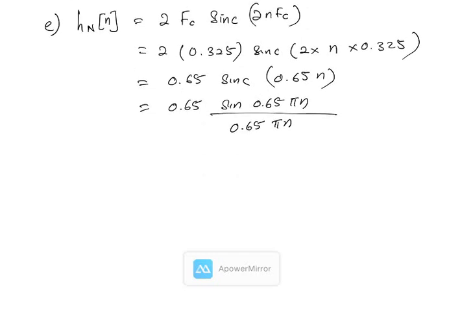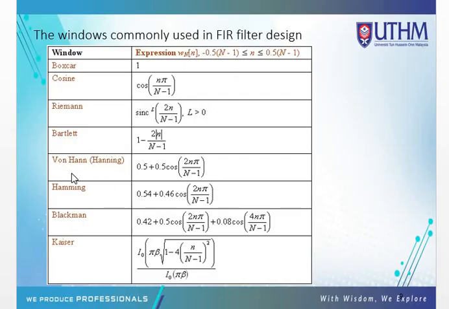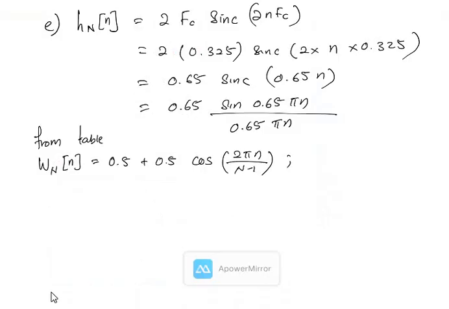So from the table, Hann window gives 0.5 plus 0.5 cos(2π n over N minus 1), for the range from negative (N minus 1) over 2 less than n and less than (N minus 1) over 2.